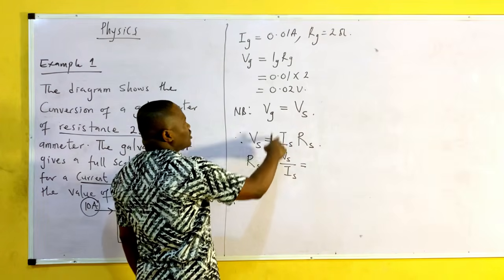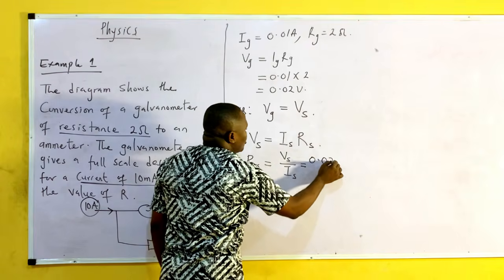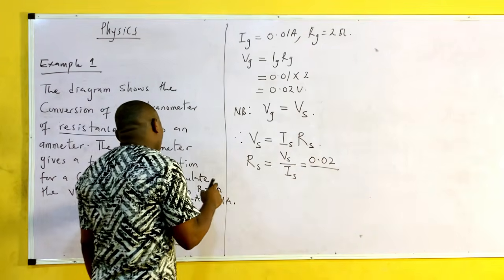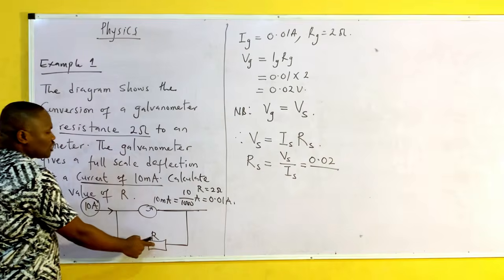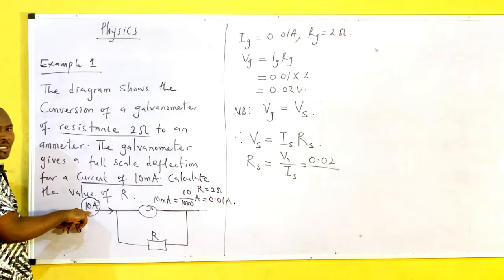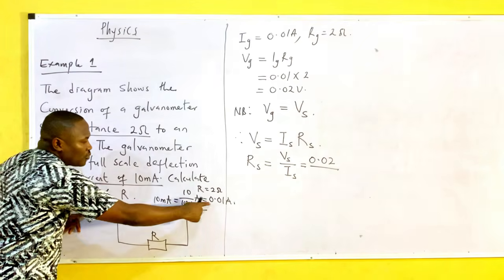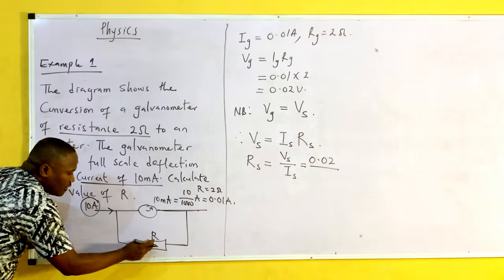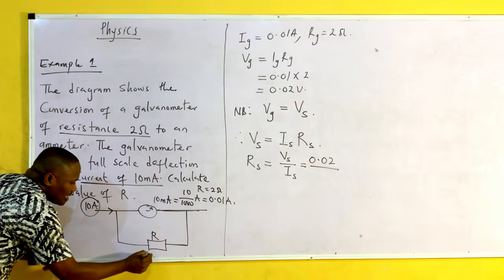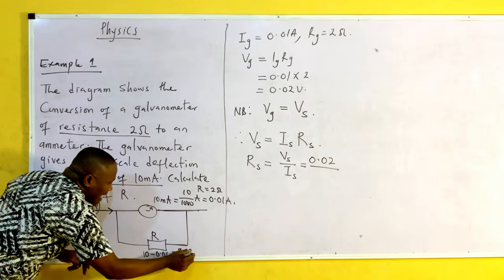What is the voltage of the shunt? It's the same as the voltage of the galvanometer, which is 0.02, over, what is the current of the shunt? The current of the shunt I don't know, but I will find it from here, because the total coming is 10, and that of the galvanometer is 0.01. Therefore, the current in the shunt will be 10 minus 0.01, which equals 9.99.